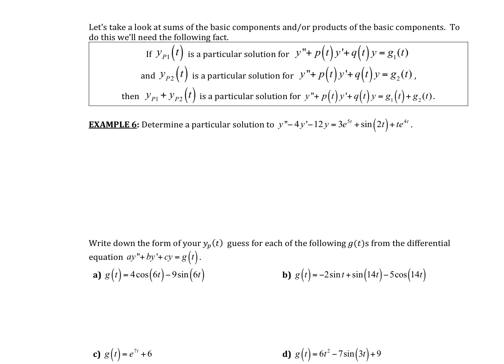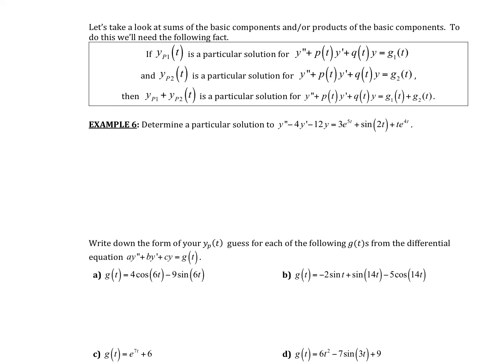Let's talk about the sum. Actually, you'll like the sum a bit better. If a particular solution is a particular solution for one of our functions, and we have a particular solution for another function, but in our problem we have those two functions, g1 of t and g2 of t, added together, then the particular solution is just the sum.